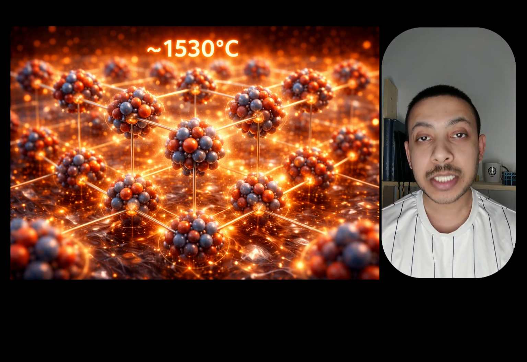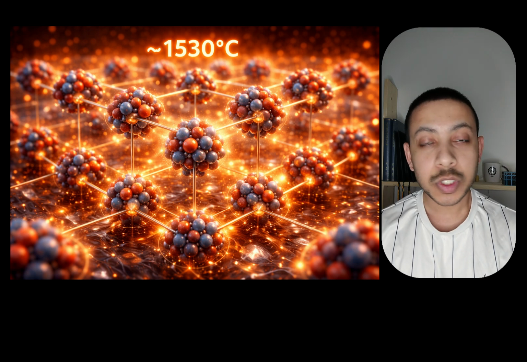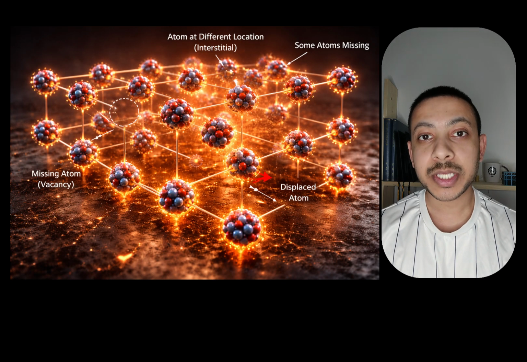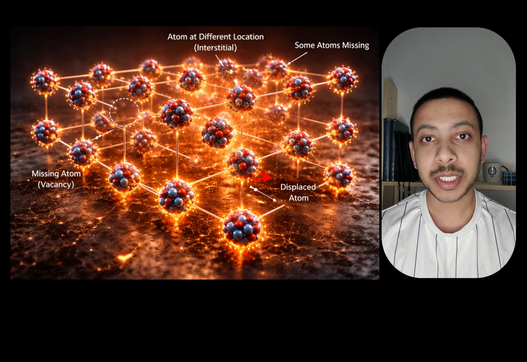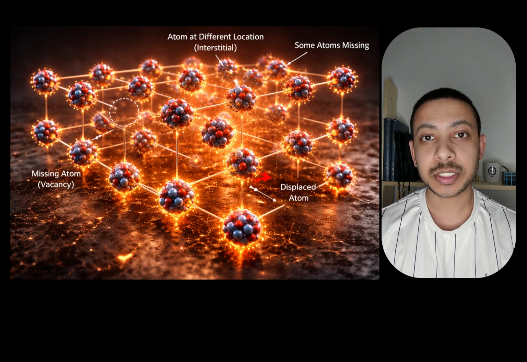However, the arrangement of these iron atoms won't always be ideal. There may be certain atoms missing from a spot where there was supposed to be an atom. There may be an atom displaced from its original spot, where it was supposed to be.